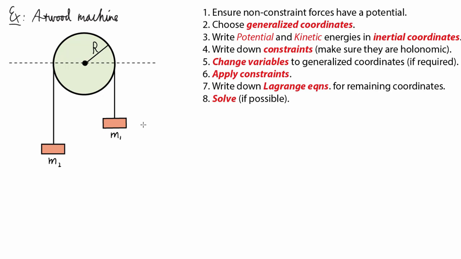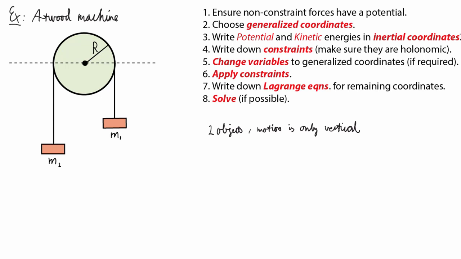Then we should choose generalized coordinates. And to do that, let's see, how many particles do we have that move? We have two objects that move, and the motion is only in the vertical direction. Okay, so we have two objects, motion only vertical. So that means that we need two generalized coordinates.